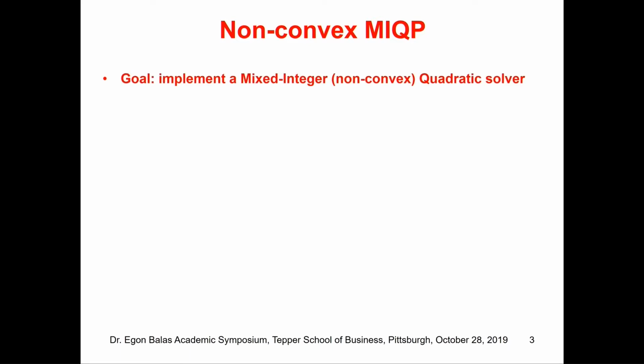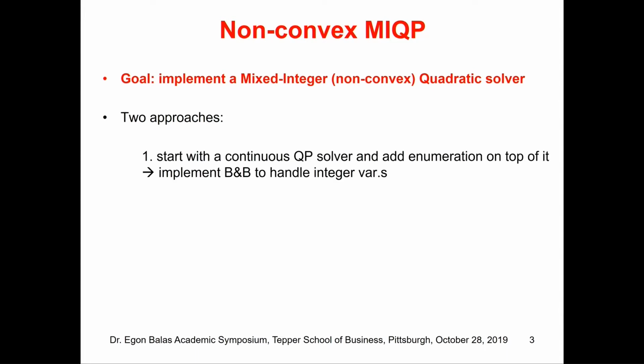And essentially our goal was to implement intersection cuts for that problem. And as we typically aim to produce algorithms that work in practice, then we did an implementation. And this implementation is a design choice, whether you start with a nonlinear solver and build the mixed integer part on top of it.